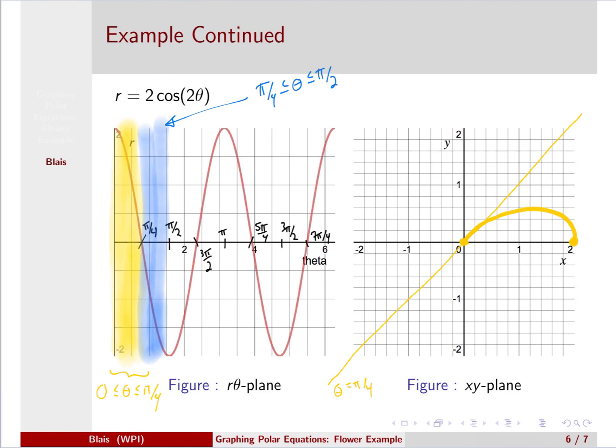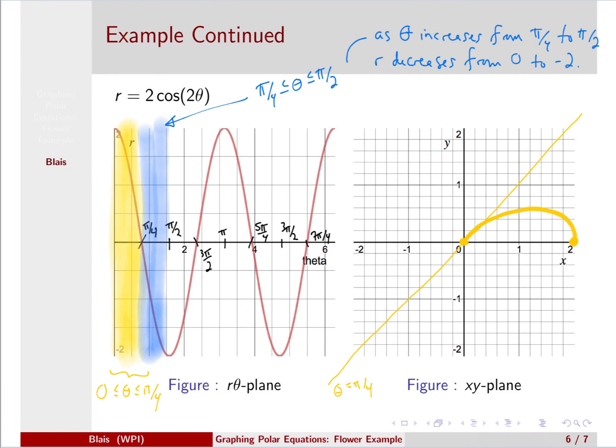The story we have there is, we're sweeping out this region here as theta increases from pi over 4 to pi over 2, r decreases from 0 to minus 2.